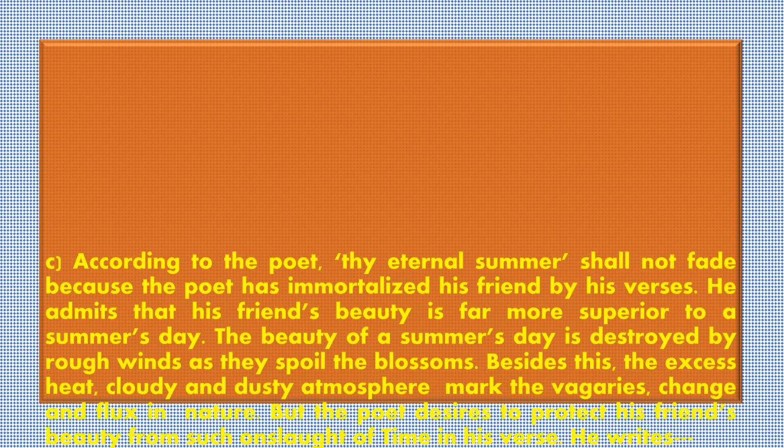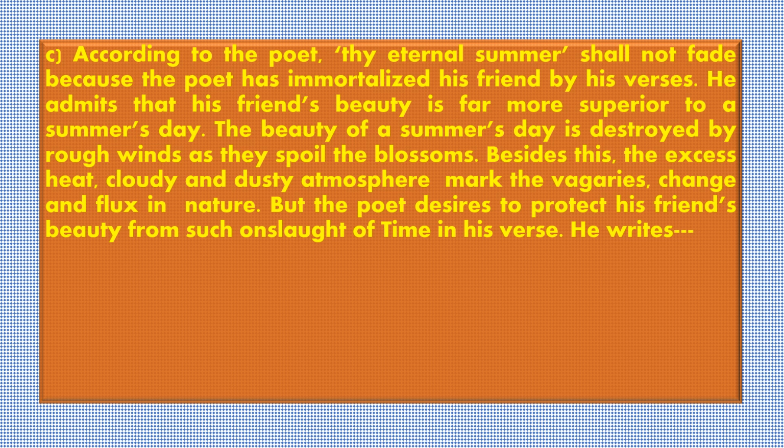The answer is, according to the poet, the eternal summer shall not fade. You just use the statement from the question and then you write the answer. Because the poet has immortalized his friend by his verses.